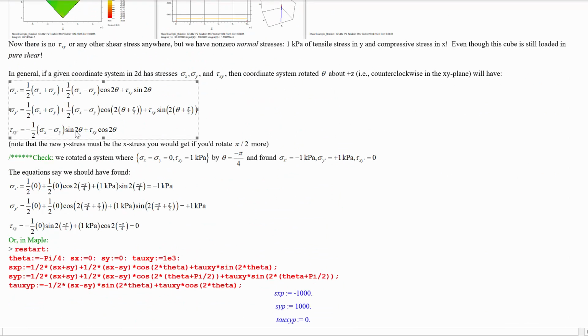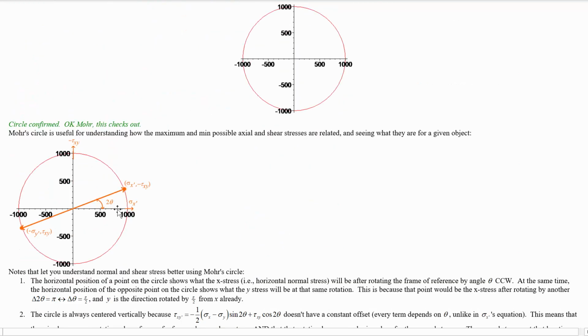We are taking this through a rotation of pi in sine and cosine, right? So that will go to the other side of the circle. So you can actually read off both the x stress and the y stress from any point on this circle. You go to some point here, and it's telling you the x stress and negative tau xy with its horizontal and vertical values, and the opposite side of the circle over here is telling you what the y stress will be at that same point.